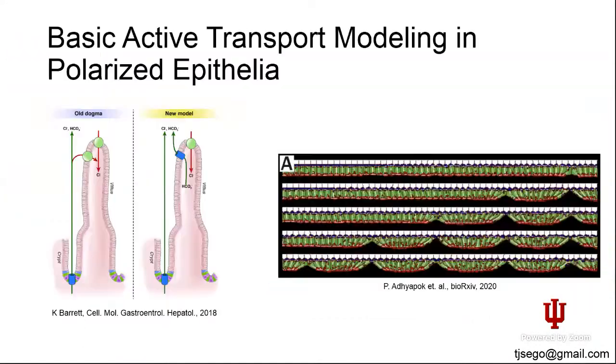And then the second project, so this is using some of the latest functionality that we've developed and released in CompuCell. So this project is on doing very basic modeling of active transport in polarized epithelial tissue. The most obvious case, to me at least, being in the intestines. So epithelial sheets line a lot of stuff in our bodies, and they do a lot of very interesting things.